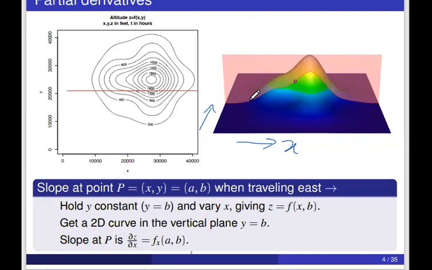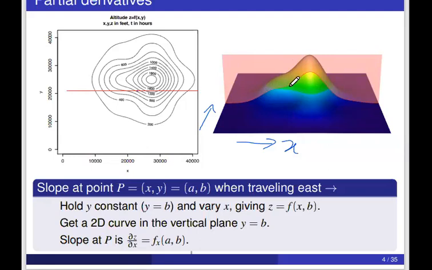So if you want to find the derivative at this point, you have to find the partial derivative of f with respect to x, because y is a constant here. If you slice off the mountain through this point parallel to the x-axis, y is a constant value, but x changes.